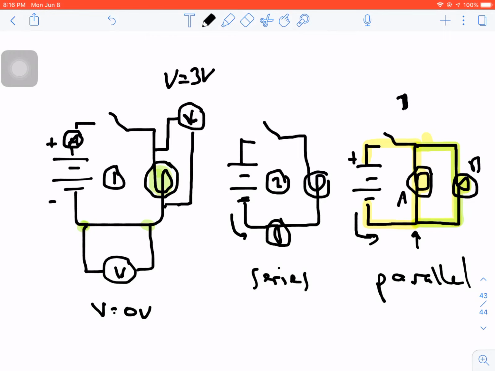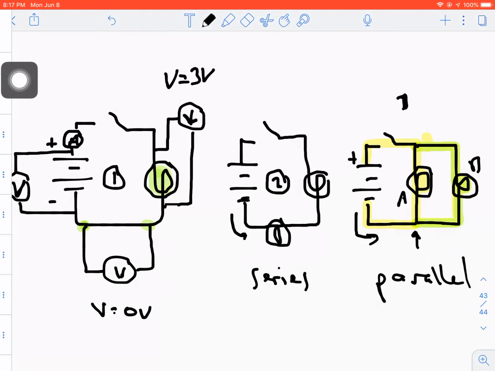If I was to have my voltmeter here and check one side of the battery to the other side of the battery, again, notice that when they leave the battery here, they're fully loaded, 3 volts, and when they get back to this end, they have 0 volts. So the voltmeter should compare a 3 volt to a 0 volt. 3 minus 0 gives me a voltage reading of 3 volts.